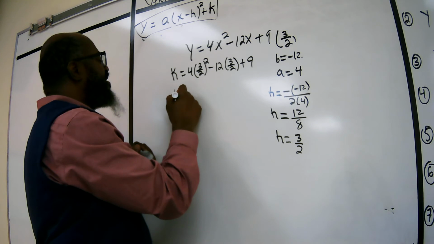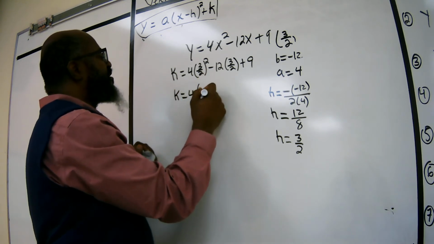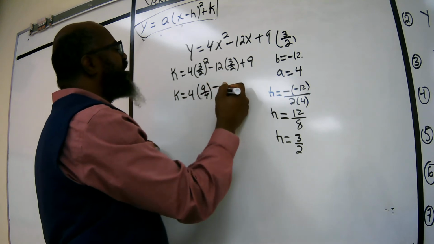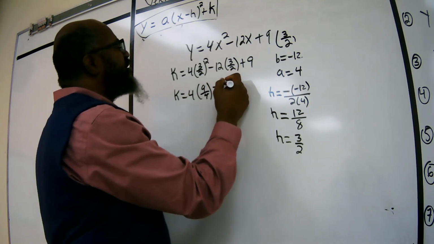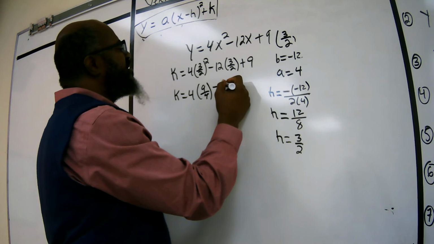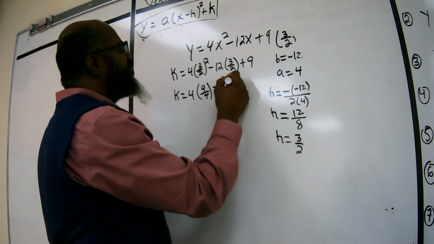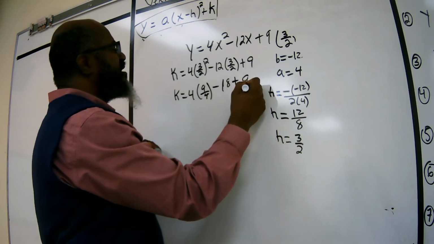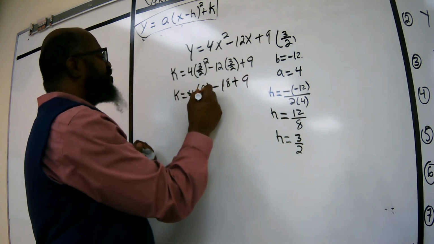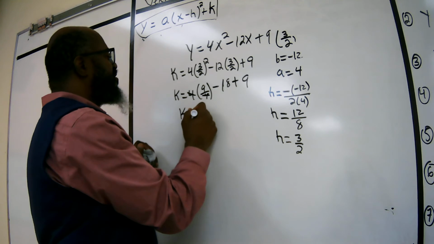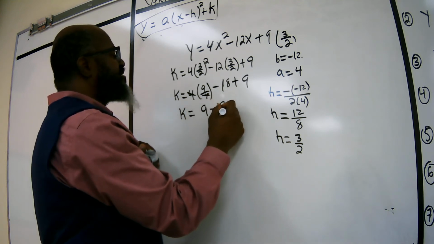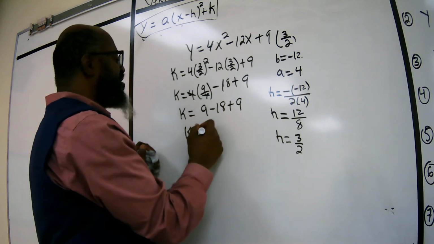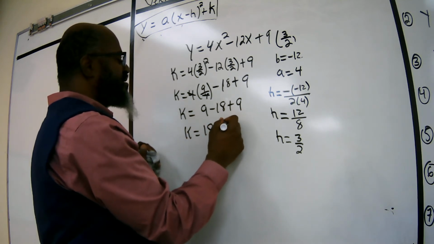Then you will have k equal 4 times 9 over 4 minus 36 divided by 2, which is negative 18. That will give you negative 18 plus 9. 4 goes to 4. Now we'll have k equal 9 minus 18 plus 9. Now you'll have k equal 18 minus 18.